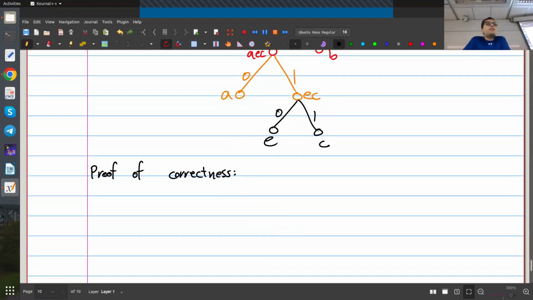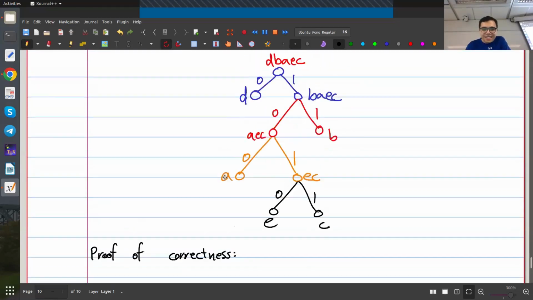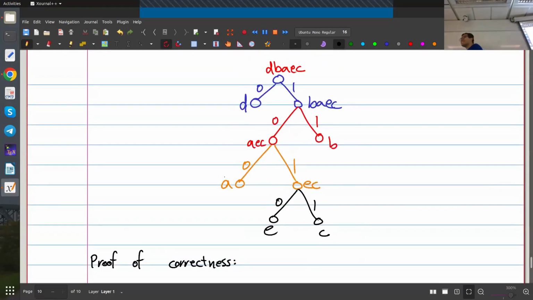So here's what I would say first. Consider any binary tree with more than one vertex. Do you agree that it has at least two leaves at the lowest possible level? You can easily see that, right? Because just do it inductively.